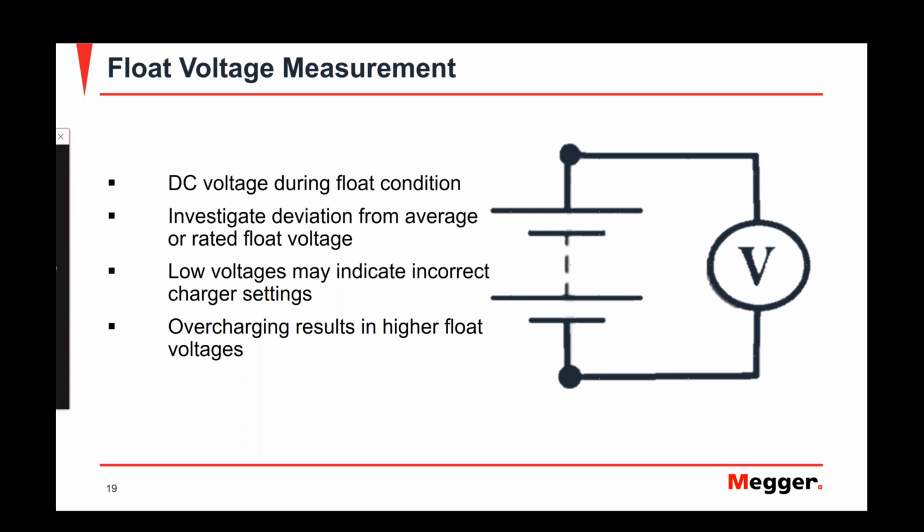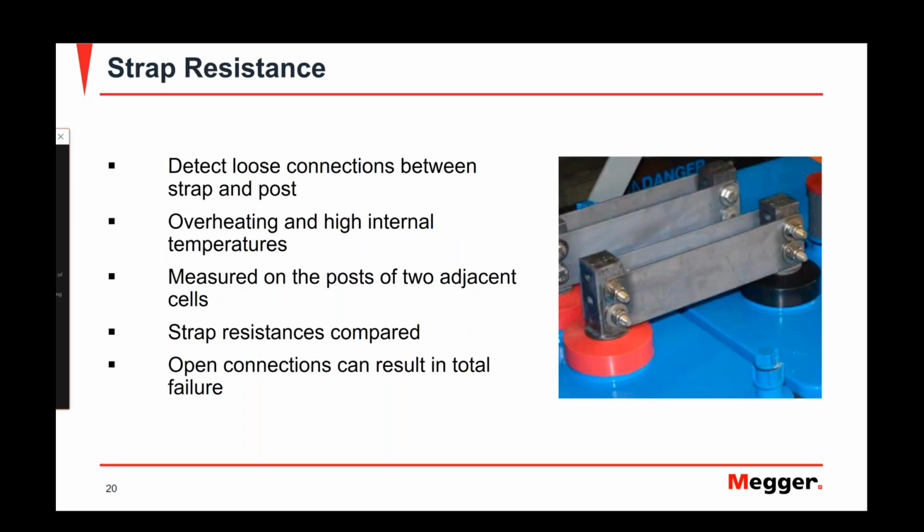And this in turn could cause other problems with the rest of the string. So for this reason, it's important to investigate any cell voltages that deviate from the string average or the rated float voltage. So our strap resistances and the intercell straps are important to make sure that we test these.